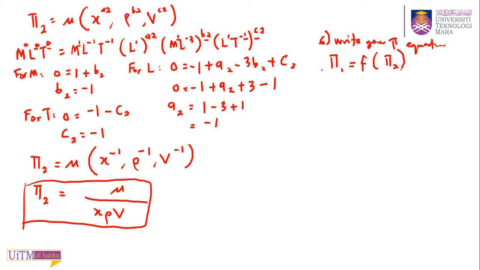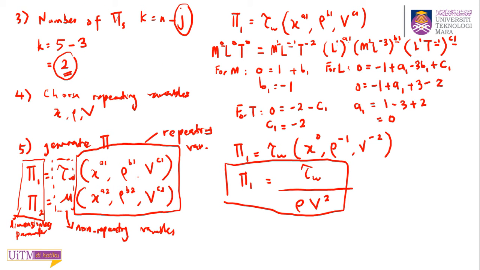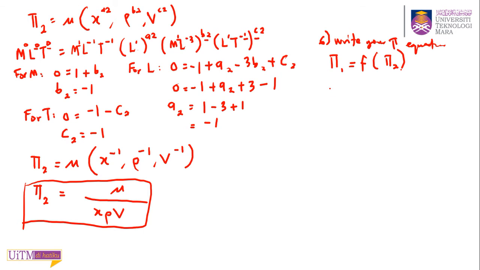Okay, so you will write again your pi 1 and pi 2. Your pi 1 is tau over rho v squared. So tau over rho v squared will be equal to f, a function of pi 2, and your pi 2 is mu over x rho v.